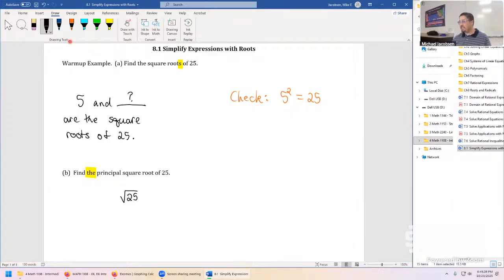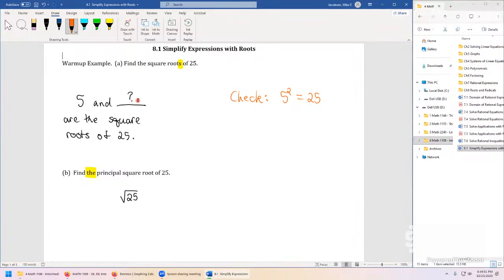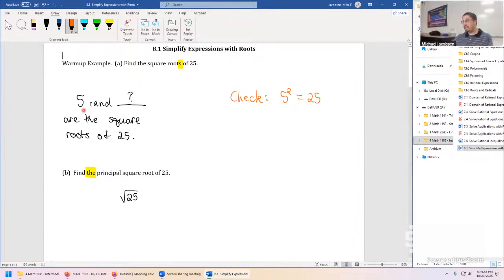Let's pause for a moment to think about it. Any volunteers for a wild guess at the other square root of 25? 5? Well, that's the first one that we had right here.